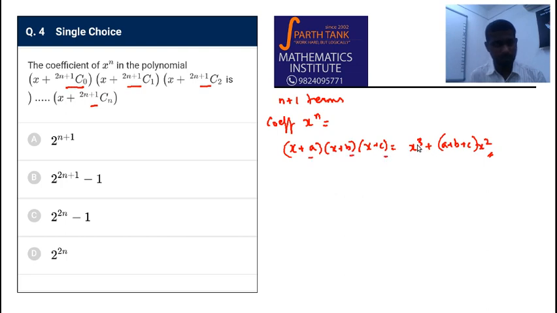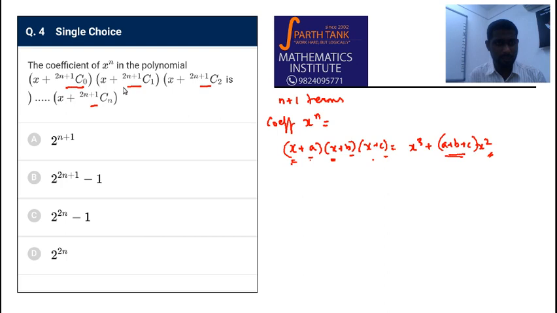Here n was 3. The idea is you take x in two brackets and the constant term in the other bracket. So c x squared, x in these two brackets and constant here; b x squared, x in these two brackets and a here; a x squared. So a plus b plus c is the coefficient. Therefore, extend this to an arbitrary number of terms.